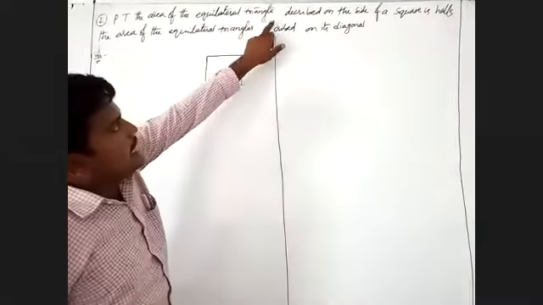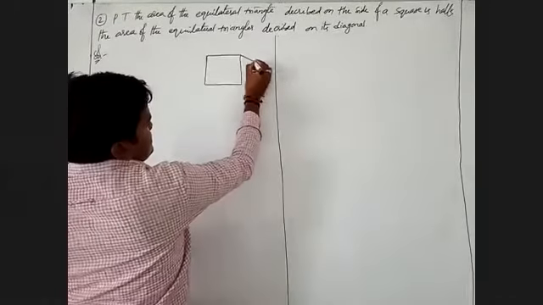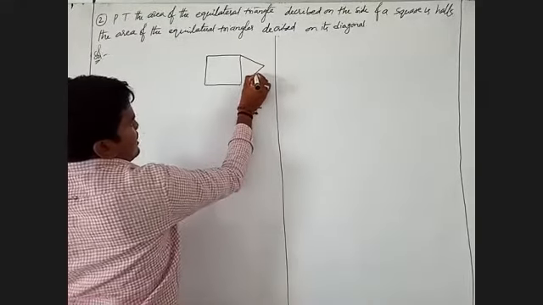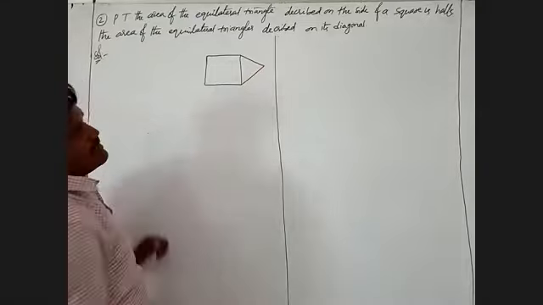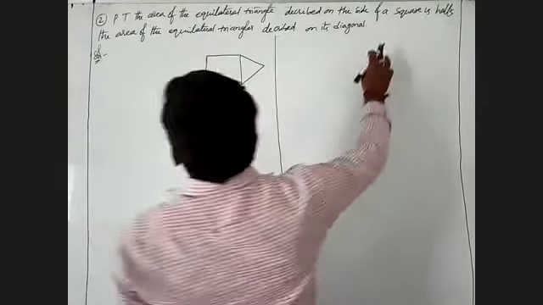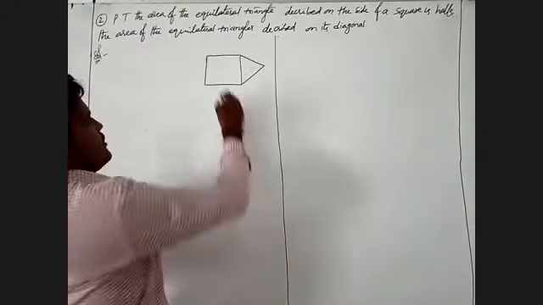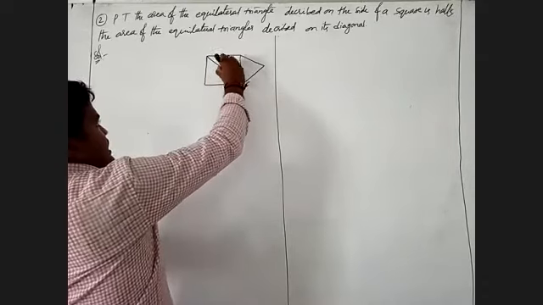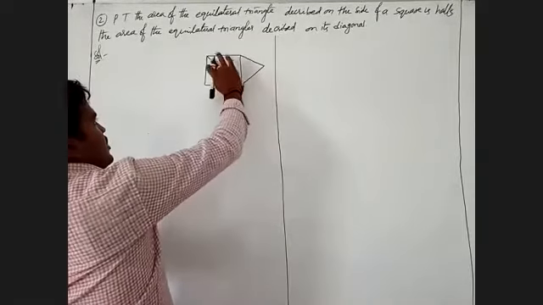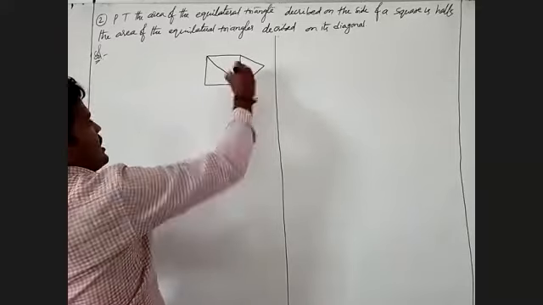Equilateral triangle described on the side of a square. This is the given side of a square. We will draw an equilateral triangle. Its area is half the area of the equilateral triangle described on its diagonal. This is the given diagonal of a square.